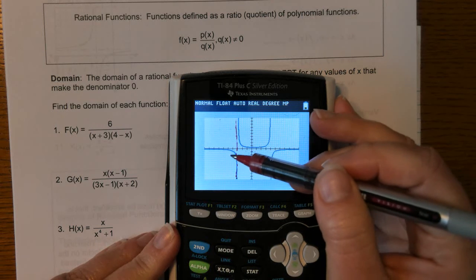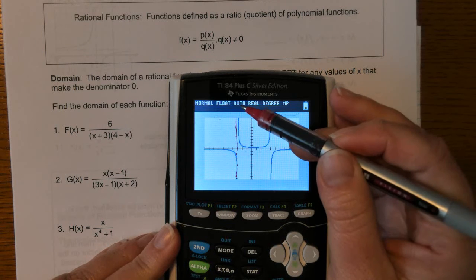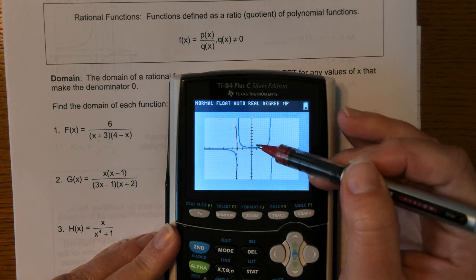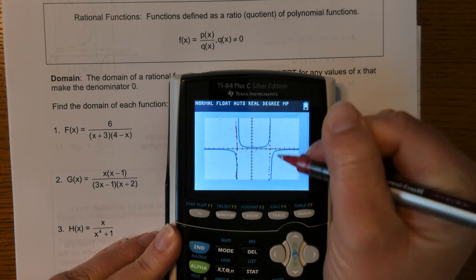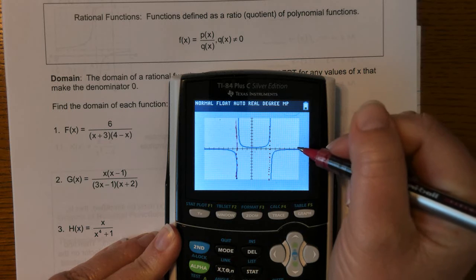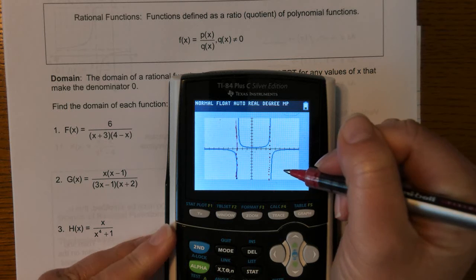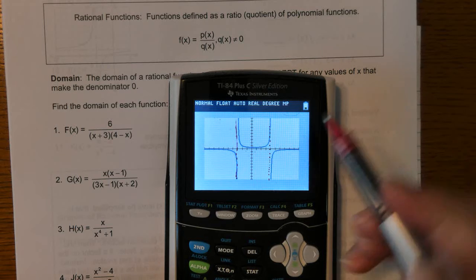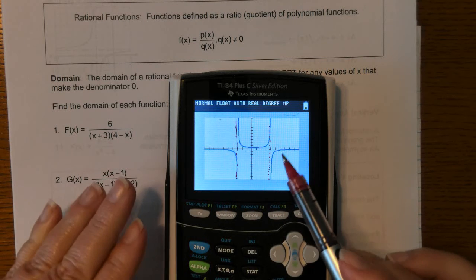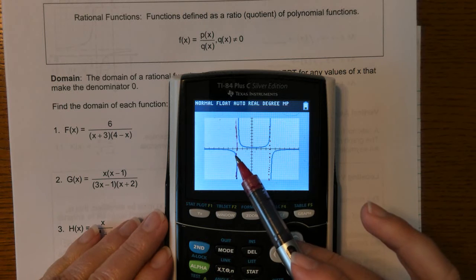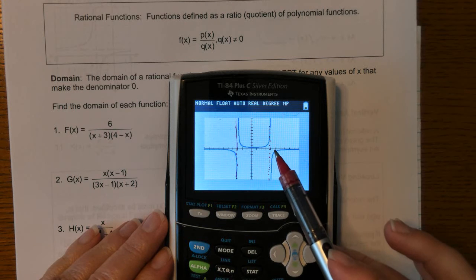And as soon as I get past -3, the graph was zooming up, continues over here, and then as soon as I get over here to 4, on one side the graph was zooming up, and on the other side it was zooming down. So what this is saying is that this graph exists, the function exists, every single location except for -3 and +4.